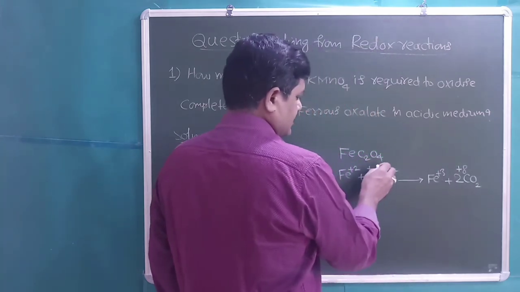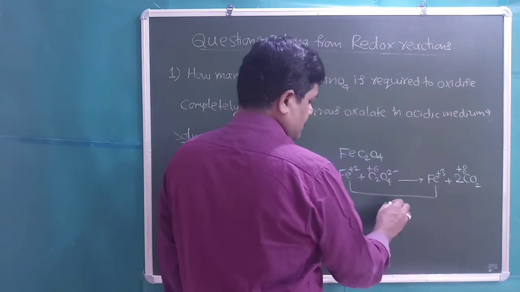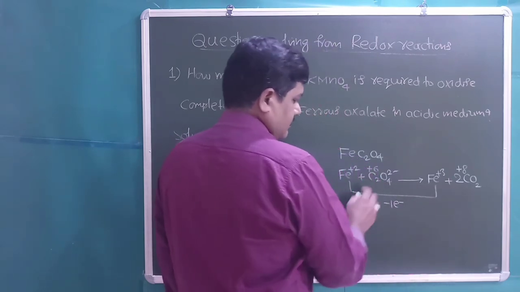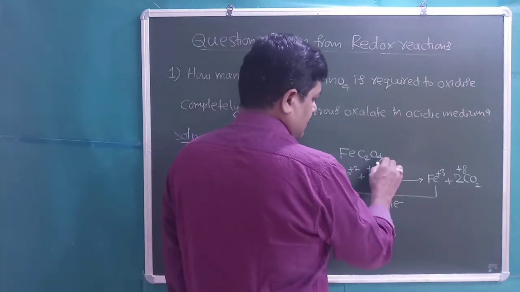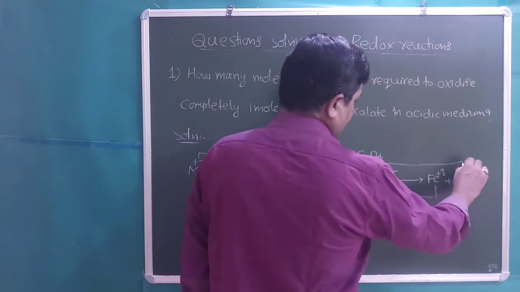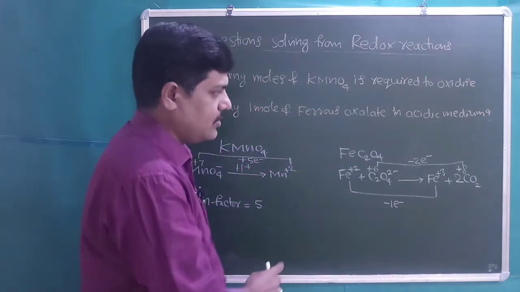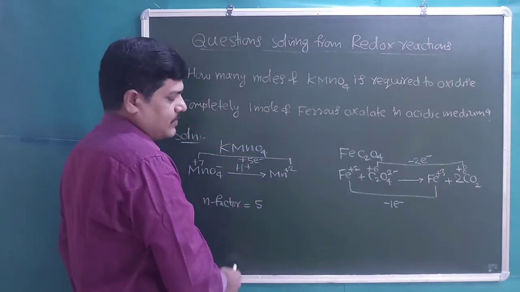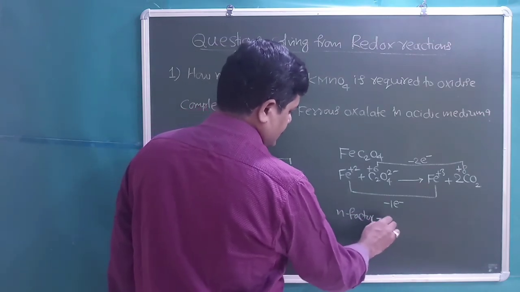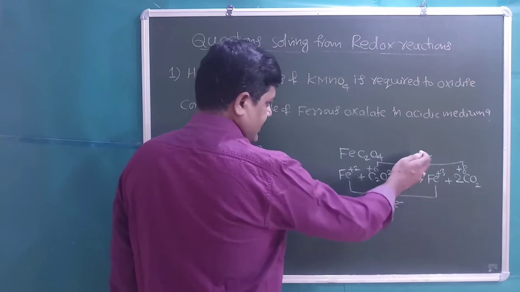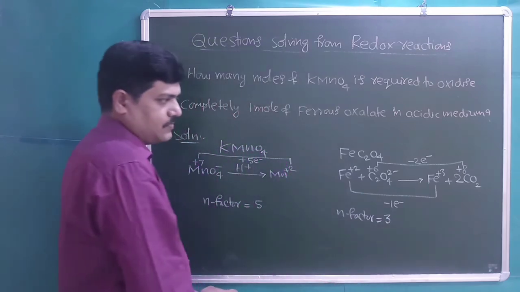Fe plus 2 to plus 3 is losing 1 electron, so 1 mole of Fe plus 2 loses 1 mole of electrons. For the carbon, 2 carbons going from plus 6 to plus 8 lose 2 electrons, so 1 mole of oxalate ion loses 2 moles of electrons. The total is 2 plus 1, which is 3. So the N factor for FeC2O4, ferrous oxalate, is 3.